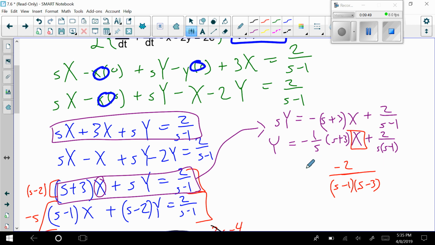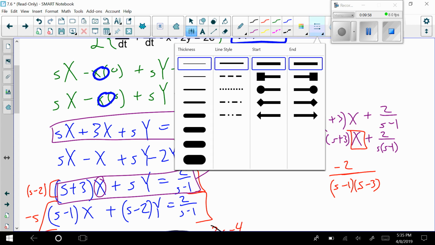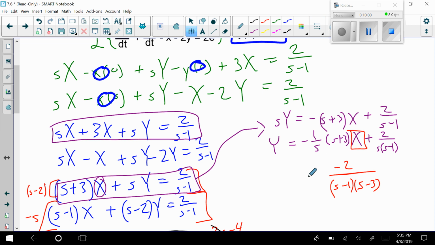Okay, and then I have a negative 1 over s, I'm going to keep the colors, try to keep this straight in your heads. So this negative 1 over s drops, this s plus 3 drops, plus 2 over s times s minus 1.